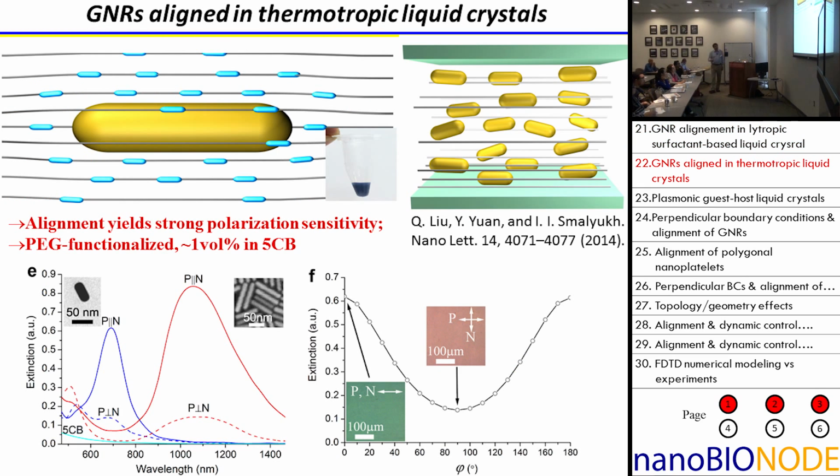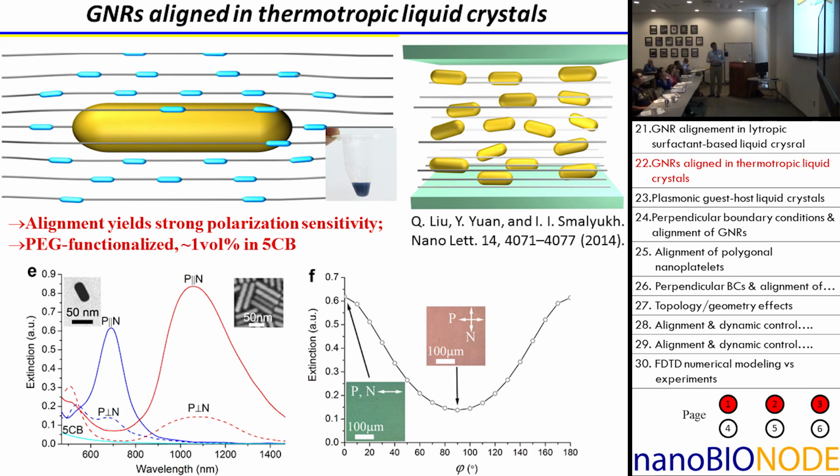Now, we can also disperse those gold nanoparticles, rod-like nanoparticles, in liquid crystal very similar to what you use in your displays, the so-called thermotropic liquid crystal, right? So we all utilize those types of liquid crystals in displaying information.